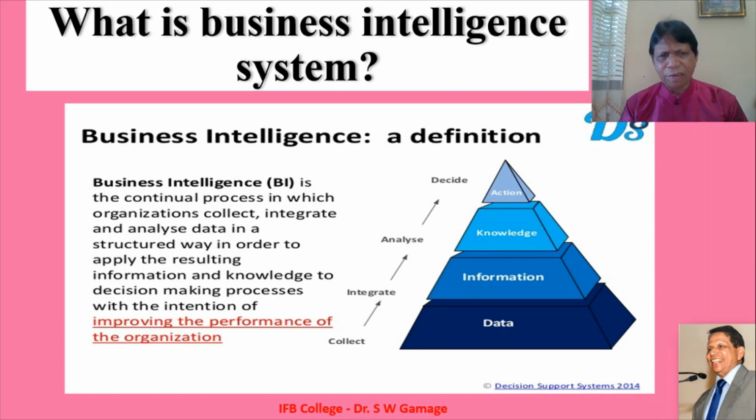This is really what they do: they collect all the historical data and prepare the information, and at the same time they analyze and integrate it using their knowledge, and keep this system to take a good decision.